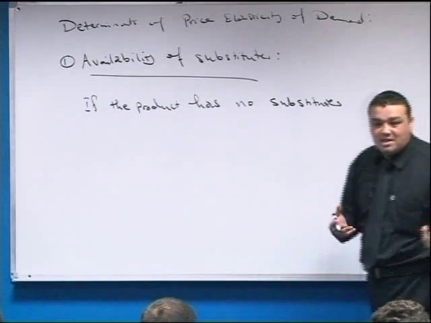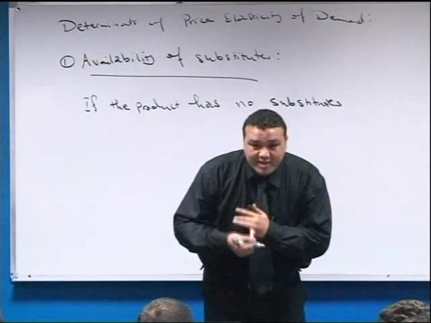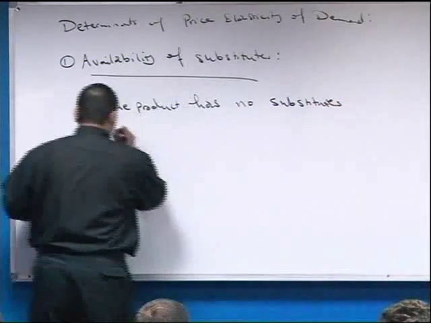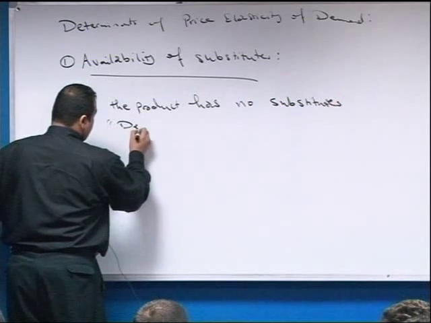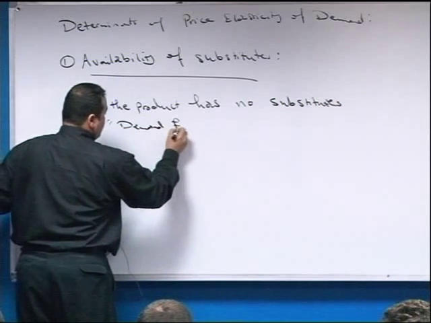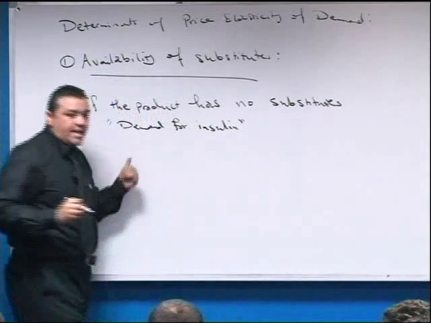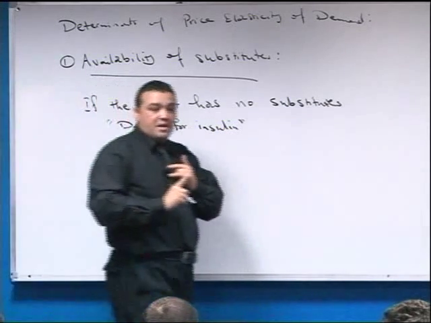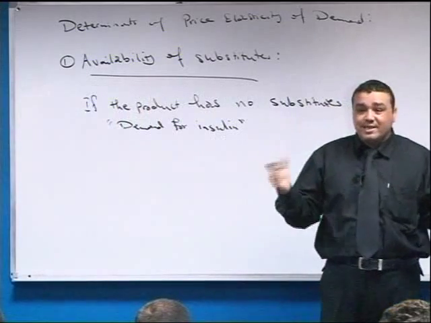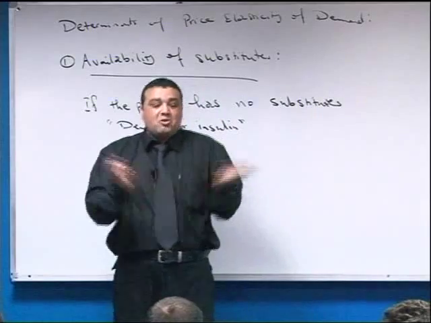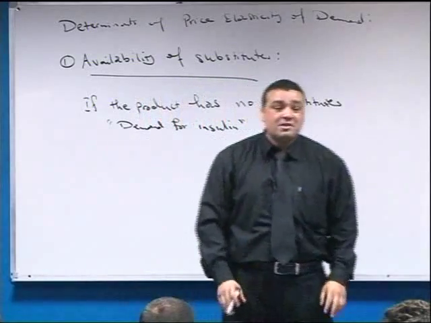There is no alternative for insulin, there is no alternative for flour. So in this case, increasing the price by 10% leads to a smaller reduction in the quantity demanded, or maybe there is no change in the quantity demanded.